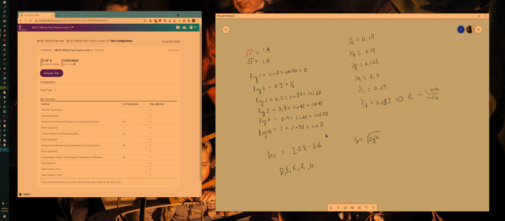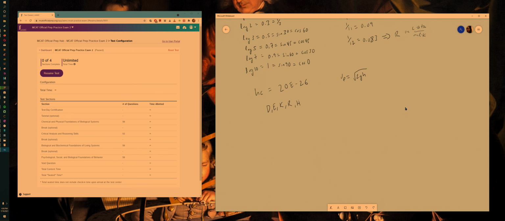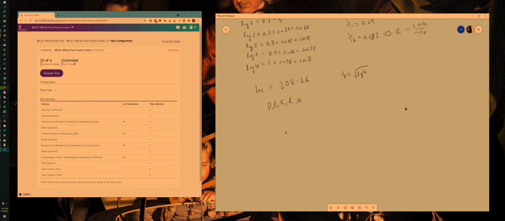And I would also write out a table for optics. I know that diverging will always be SUV: smaller, upright, virtual.